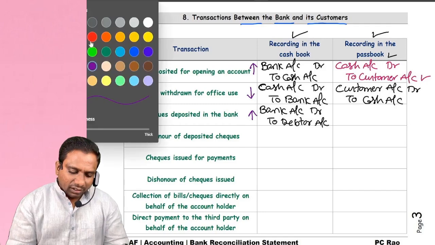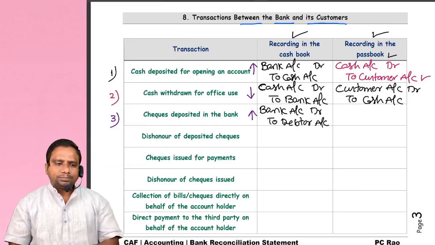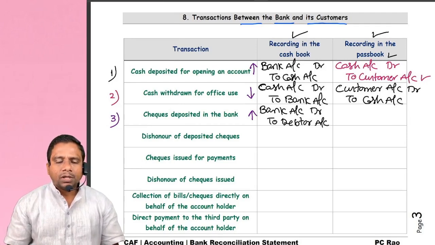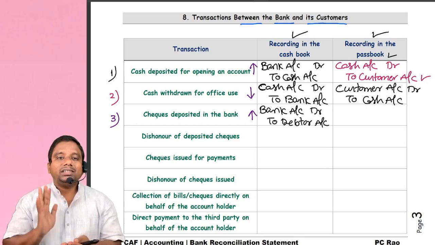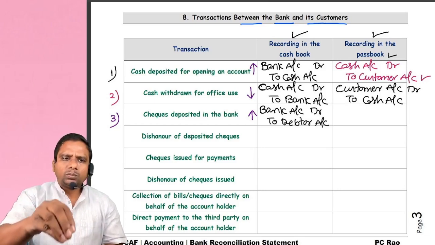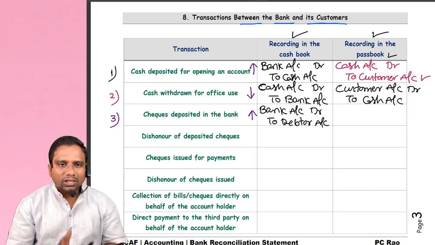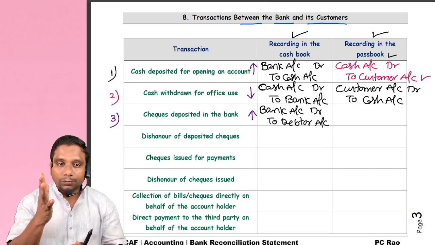Then what is the entry that we record in the bank books? And do remember, today we are depositing check into bank. Bank will record this transaction only after collecting the check. Bank takes some time to collect the check amount.